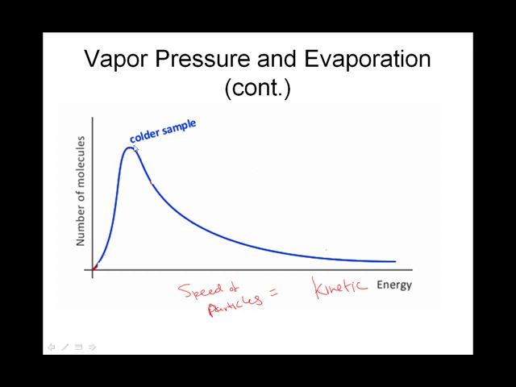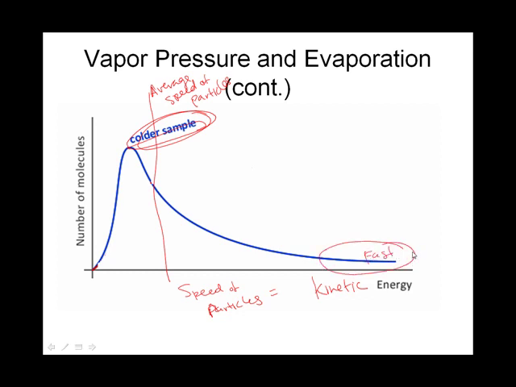Over here in a cold sample of water, you have the average speed being somewhere around here, and this is my average speed of the particles. You could see that even in cold water, there are some particles that are moving very, very fast.